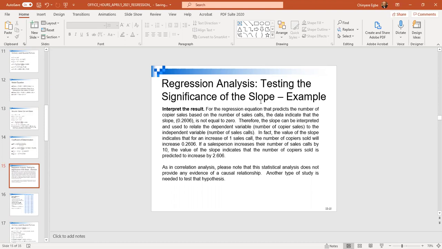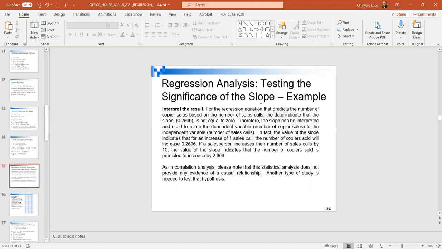It might just be that what we have there is just some random number. Does the number of sales calls significantly explain sales? The number may not be meaningful if sales calls is not really what causes people to have sales.